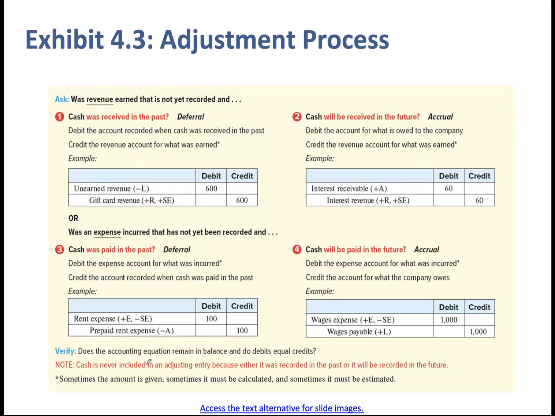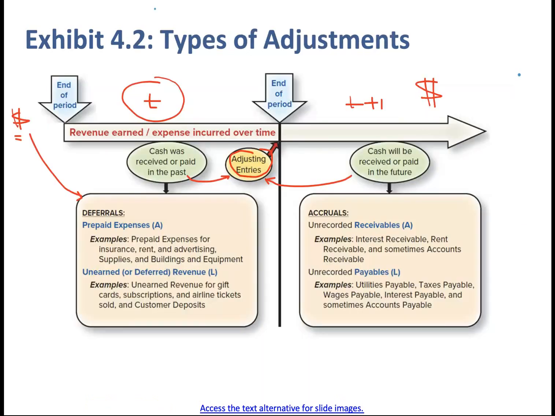Now, what is an example of accrual? One example is interest revenue. For example, if we lend money to another company, we are going to receive interest, but we didn't receive it in the current period. That is why it is not recorded in our step 1, 2, 3. Rather, at the end of the period, we review our accounts. We realize that there is a portion of the interest revenues that we are going to receive in the next period, but it belongs to the revenue this period because we earn the revenue when time passed by, right?